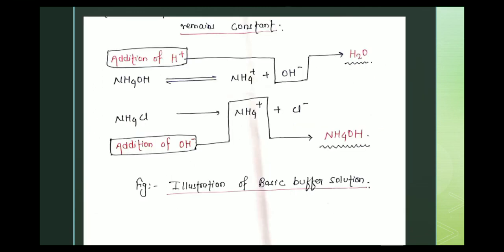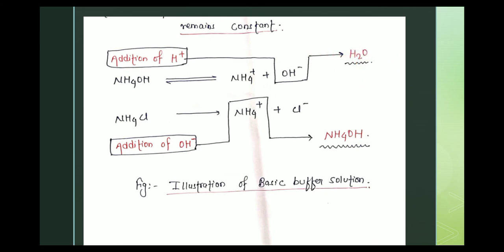Okay, now let's see the overall idea here. In the figure you can clearly see that on the addition of acid, which gives us H plus in the solution, this H plus combines with this OH minus in the solution and thus forms H2O molecule, water.